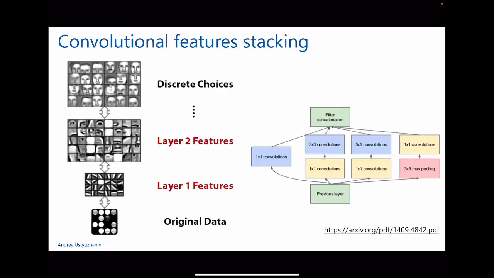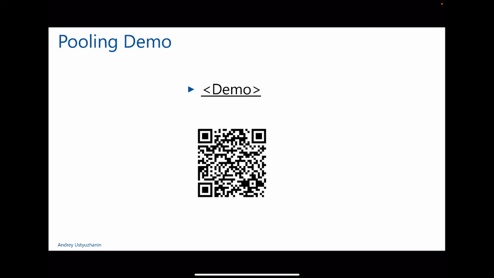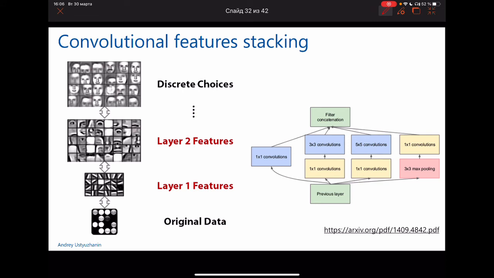An important thing is that we can build more complicated neural networks by stacking convolutional layers together. So here is an example of a building block that comprises a much more complicated neural network.